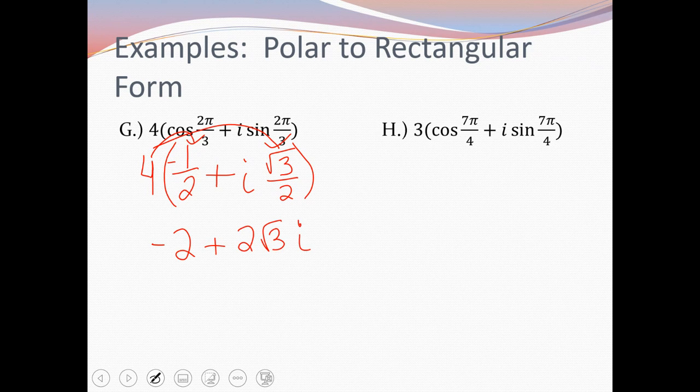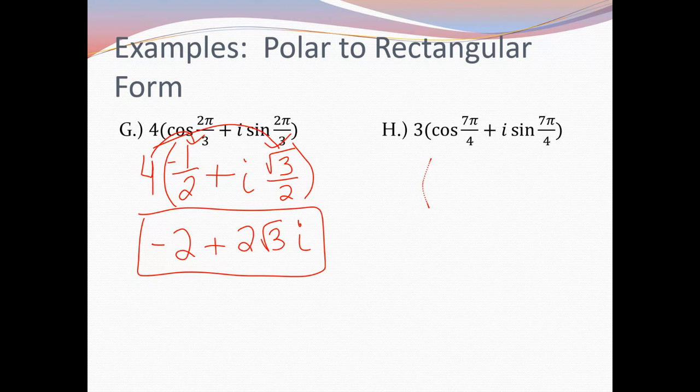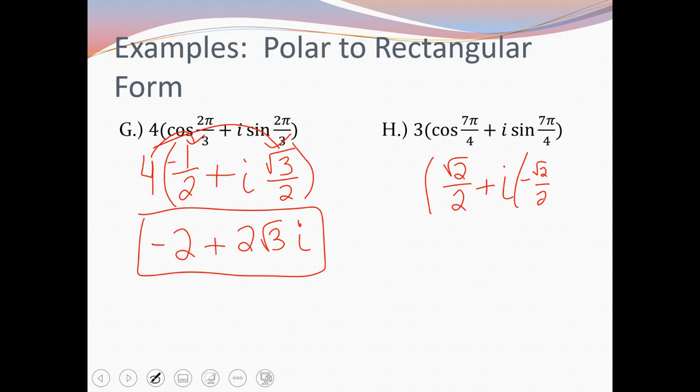Sometimes you'll see the I in different places just so that it doesn't look like it's underneath the square root sign, but I think your book likes to put the actual number part, the 2 square root of 3, before the I. Okay, same thing on the next one. Cosine of 7 pi over 4 is square root 2 over 2. In the fourth quadrant, cosine is positive, and this is negative times 3.